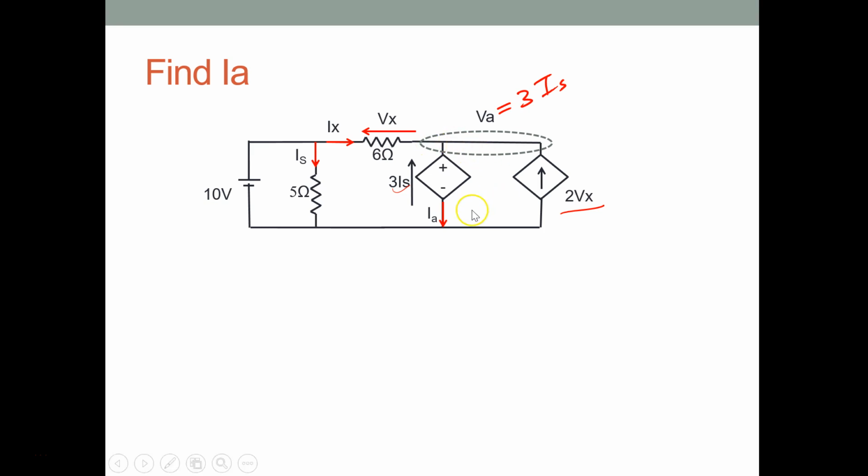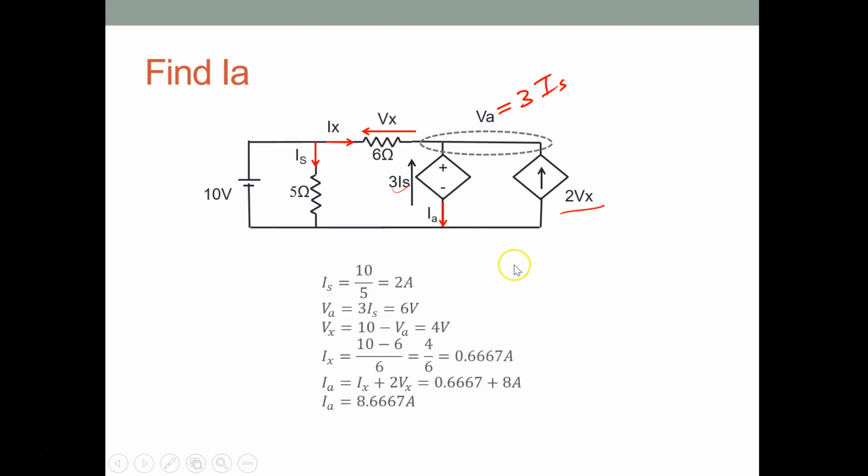Now if we want to find the current IA, we could start off by looking at what is the value of Is. We need to find the value of Is to find VA. So we say Is, we know, is 10 volts because we have 10 volts across here, which is the same as the voltage across the 5 ohm resistor. So Is is 10 on 5, which is 2 amps.